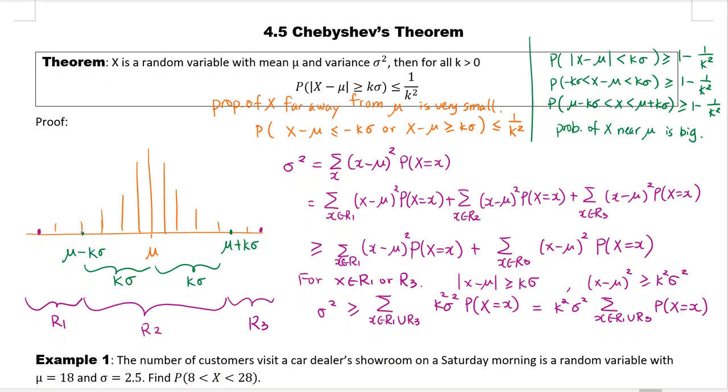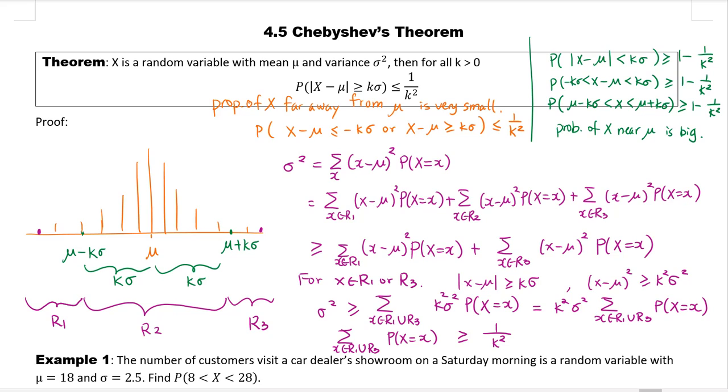Now, if we divide both sides by k squared sigma squared, then we get the sum over x in region 1 or region 3 of the probability, and this is greater or equal to 1 over k squared. Sorry, let's see.